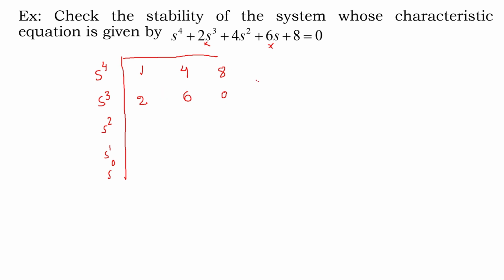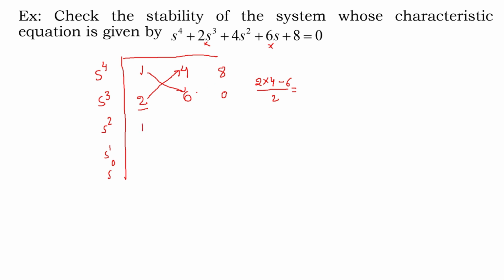2 into 4 minus 1 into 6 divided by 2. The answer of this one is 2 into 4 is 8, 8 minus 6 is 2, 2 divided by 2 is 1.